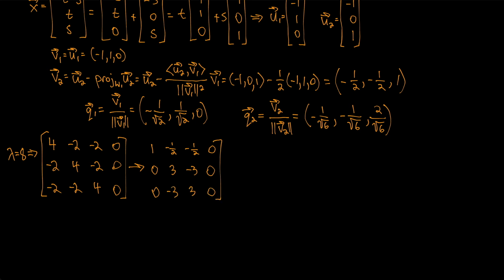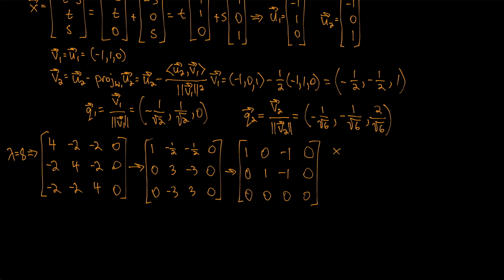So we can see that the third row will cancel out. At the same time, we can divide this row by 3 and then add half of it to the top row to cancel out the minus half. So we get 1, 0, minus 1, 0 for the top row, 0, 1, minus 1, 0, and 0, 0, 0, 0 for the last row.